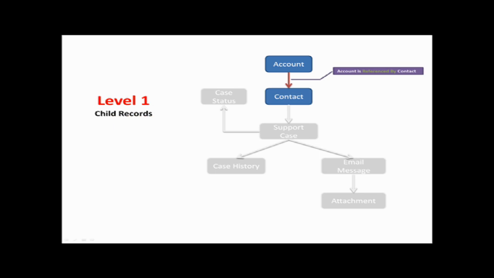Now suppose that you did want to include the related contacts for the accounts you highlighted. In this case, you would select the Level 1 drop-down menu item which says Include Children. The relationship between account and contact is a master detail relationship.